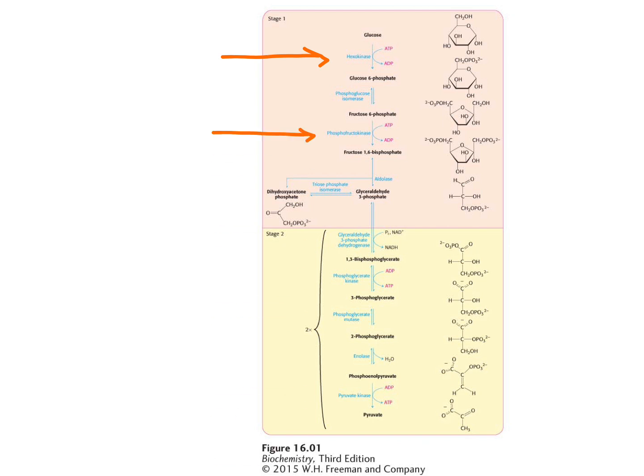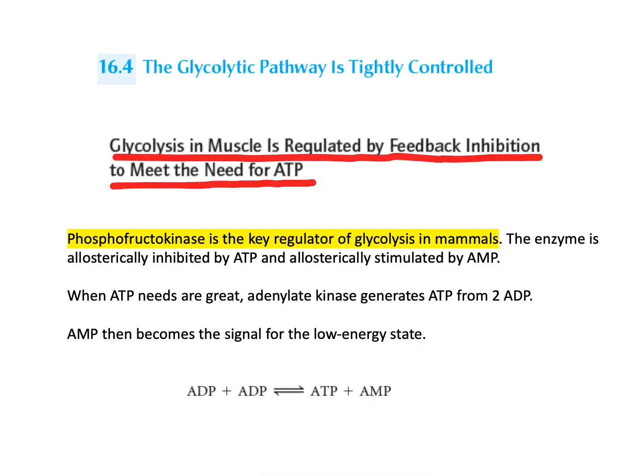And the other one-direction arrow, control site, is phosphofructokinase, and the last one is pyruvate kinase. These are the three enzymes that control and regulate the pathway.